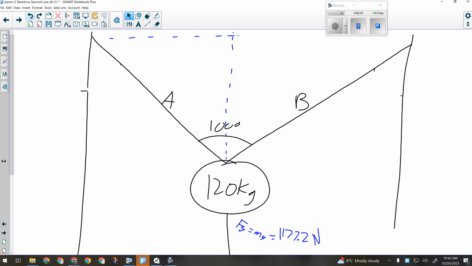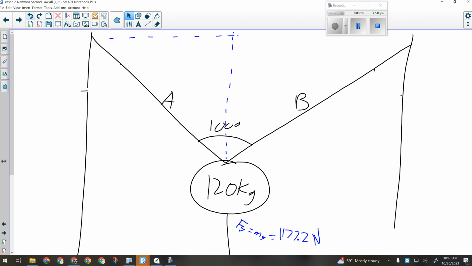Both of them? Just one of them would pull with half of this force. That's the mistake people make on this one: they draw this and they write that this is 1177.2. But if that's the case, there's a net force of 1177.2 newtons up if both cables pull that hard up. They have to split that force. Does everyone follow me there?